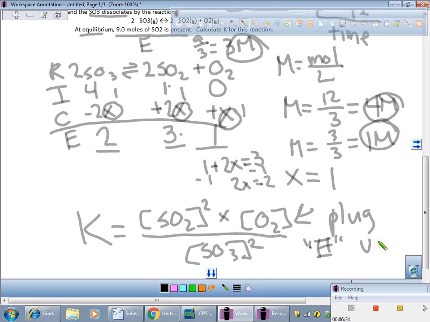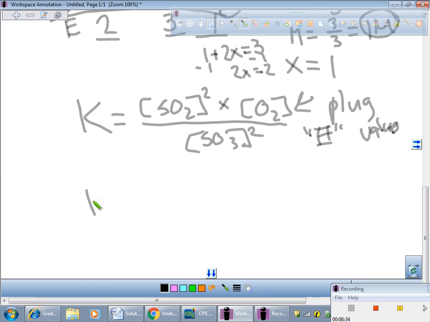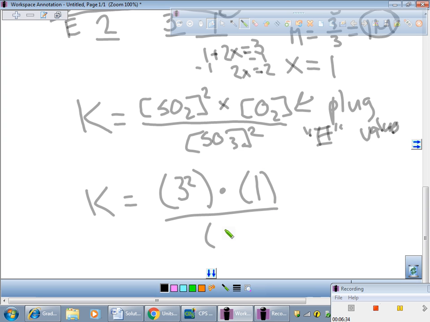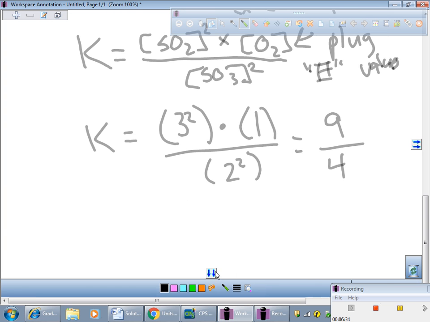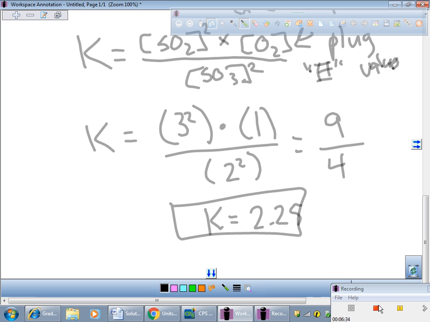So we can do that and solve. So K is equal to 3 squared. Be careful on your calculator. Put the exponents inside the parentheses. Times 1 divided by 2 squared. So if we rewrite this, that's 9 over 4. Plug that into your calculator, and you should get K is equal to 2.25. All right, so that's how you find K with a RICE table.